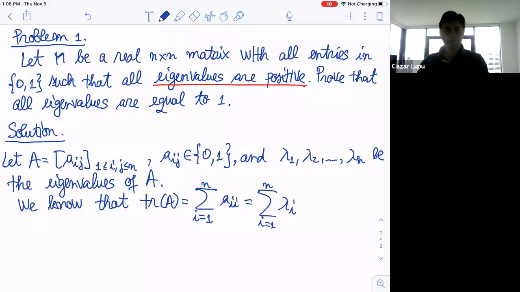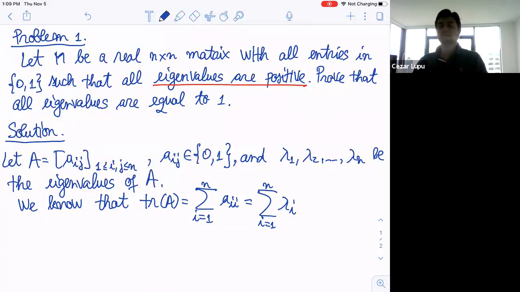Okay, so I know this, but look at the entries. The entries are in that set {0, 1}. So what can you say about that sum, about the trace of A? It can be between something, right?